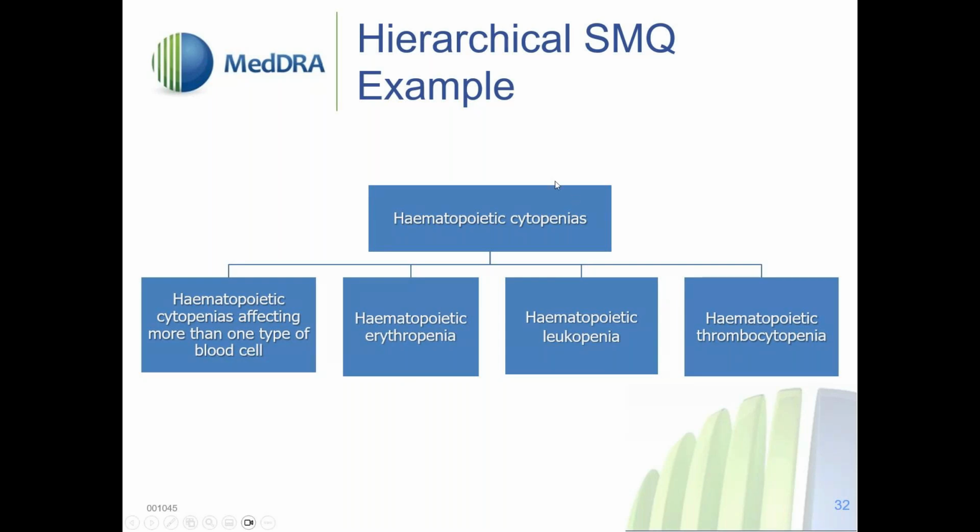And then going down through the hierarchy, you can have up to 5 levels. And all these levels which are shown here would be called level 2. But we have more complicated SMQs which have more than these 2 levels. And I will also show those to you in the browser demonstration.